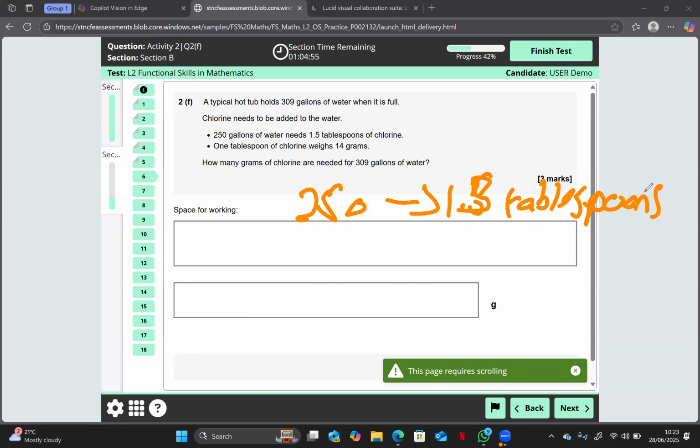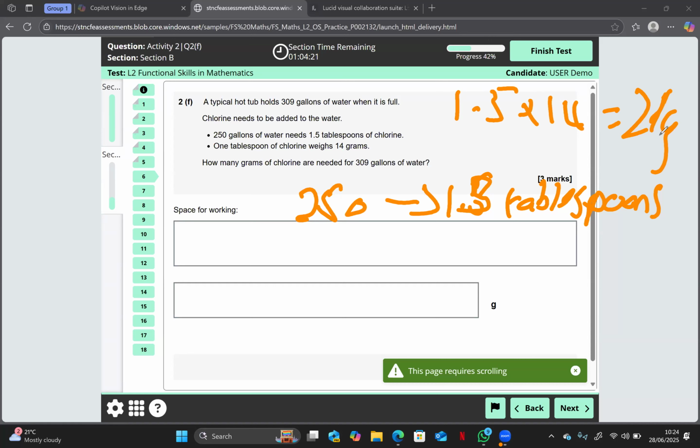So 1.5 tablespoons equals how much in grams? So 1.5 times 14 equals 21.